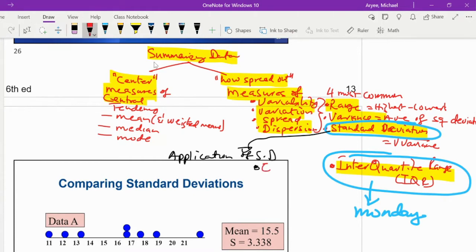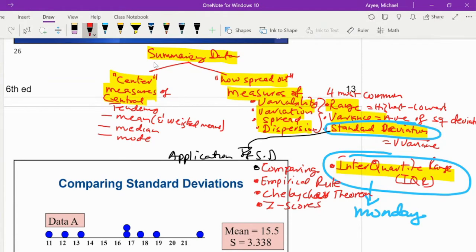Number one, comparing standard deviations. Number two, the empirical rule. Number three, the Chebyshev Theorem. And then number four, z-scores.